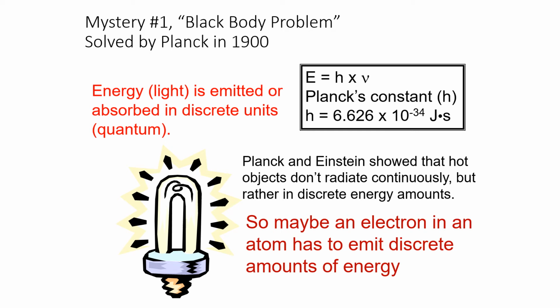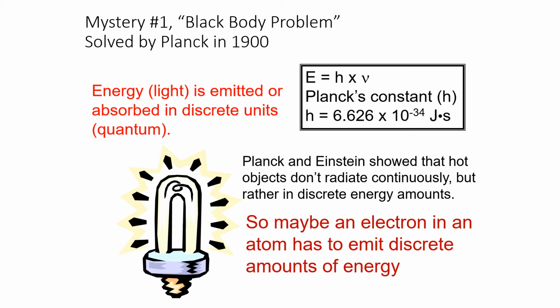And this was solved by Max Planck in 1900. So Maxwell's wave model could not account for all the emission spectra of hot objects. So we will see what a spectrum looks like momentarily, but what it reflects is the amount of energy that is absorbed and released.